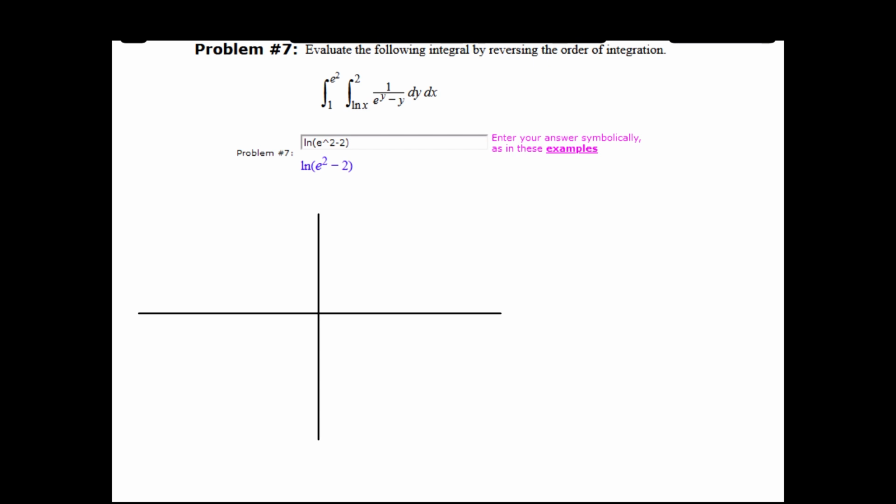So we have ln x. In this case, we have ln x, and where does it start from? It starts from 1. Can't have ln of 0, and so your equation starts from ln x, and ln is a function that kind of goes like this.